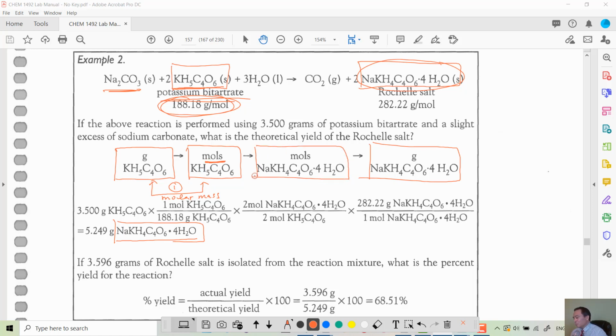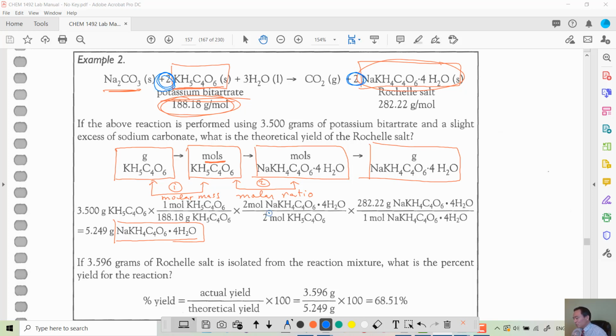Okay. And it's the molar-molar relationship, and this step 2 is the molar ratio. How do you find the molar ratio? The molar ratio or mole ratio can be read through the balanced chemical reaction. So in this case, it's a 2 to 2 ratio because that's 2 moles of reactant versus 2 moles of product.